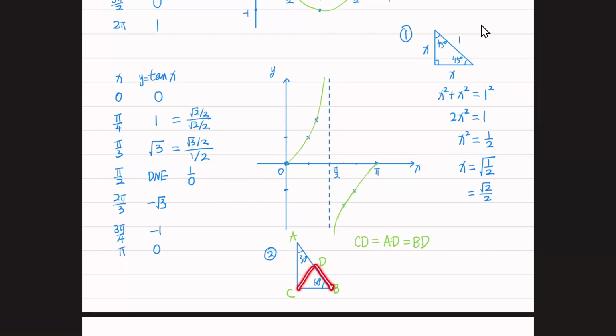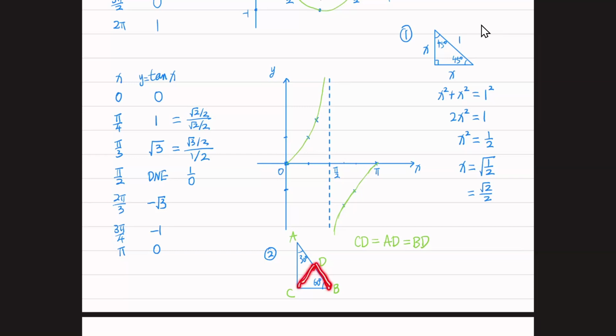Okay, George, what can you say about this angle? It's an angle bisector. It splits the 90 degrees. Okay, let me try that again. We know that CD equals BD. What does this tell you? CD equals one half of AB.